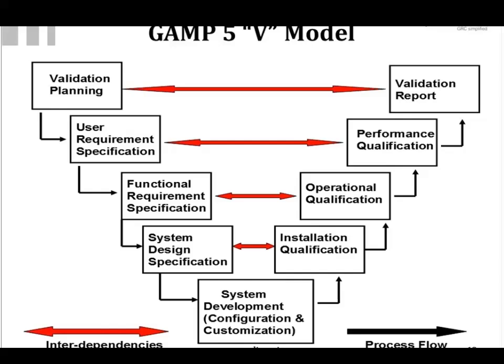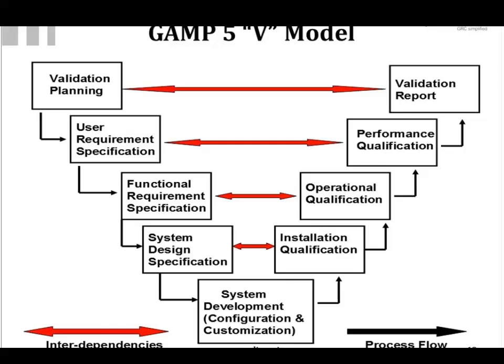And then you're going to actually get into your system development, configuration, customization, whatever it might be. Or you could be using an out-of-the-box package as is without any customization or configuration. In either event, or any event, you need to make sure you have some kind of specification if it's a configurable system, and some kind of specification if the code is being designed.